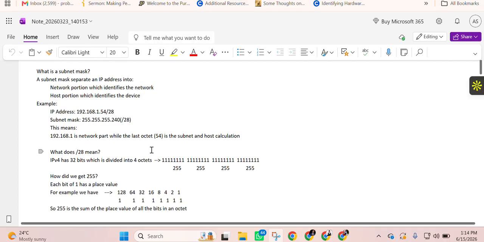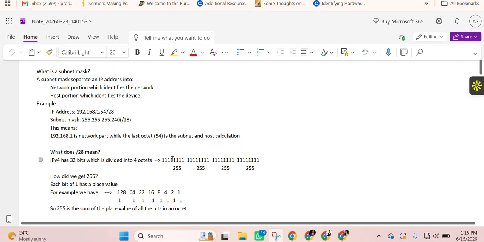So what does /28 mean in this network address? IPv4 has 32 bits, which is divided into 4 octets, and each octet includes 8 bits of ones or zeros. So how did we get this? Let's just pay attention to this.